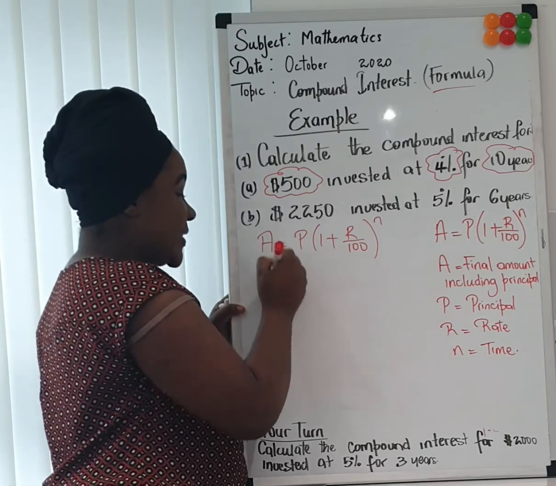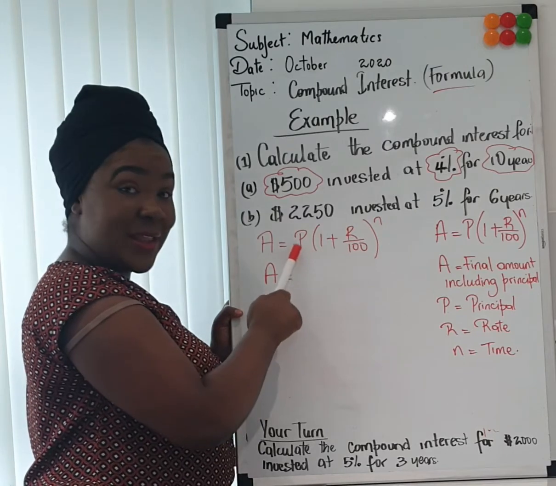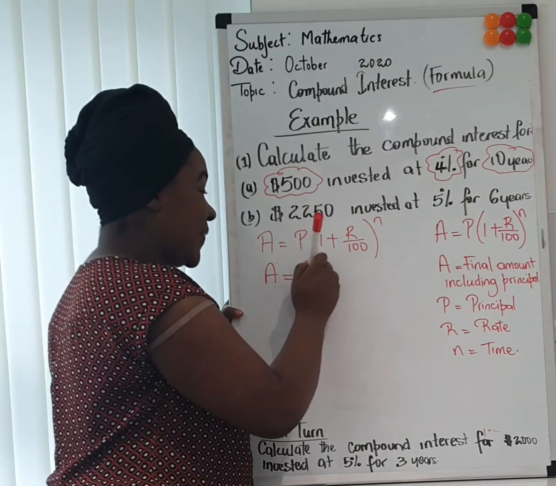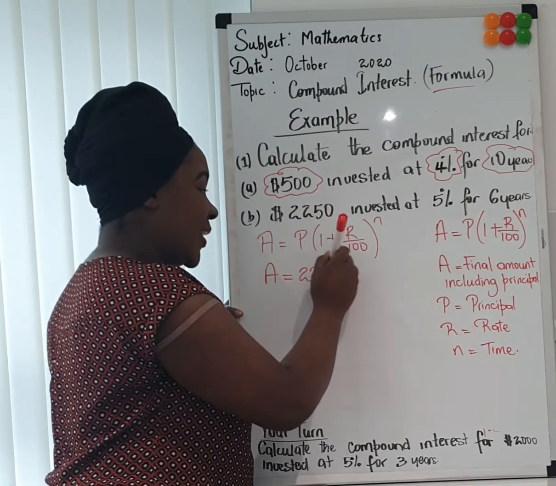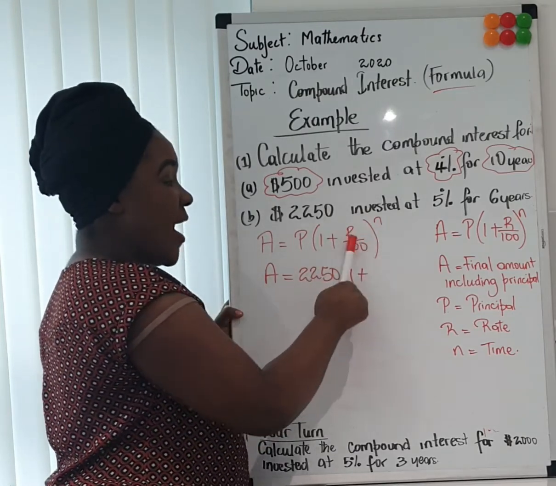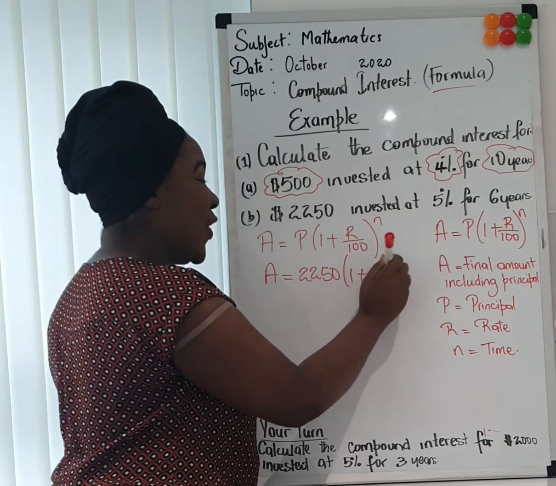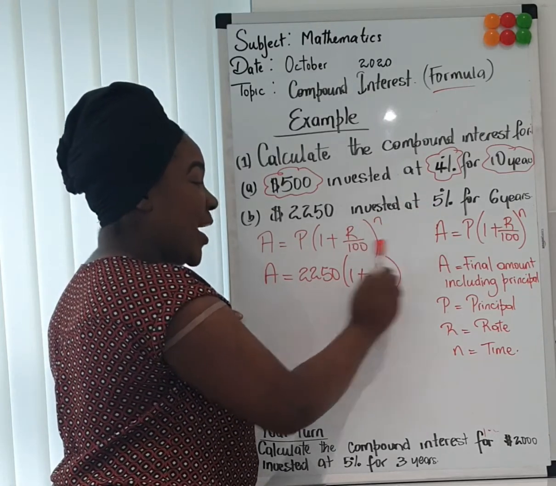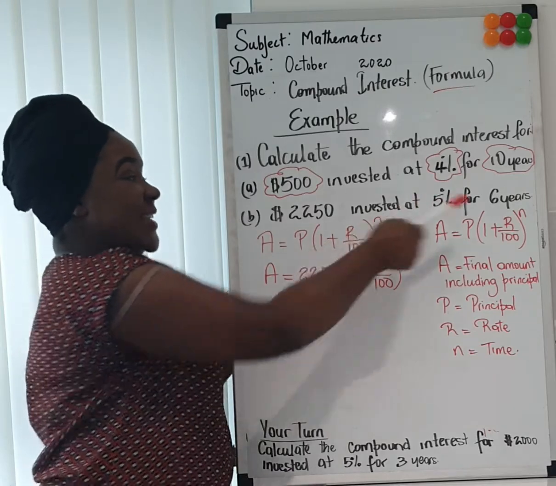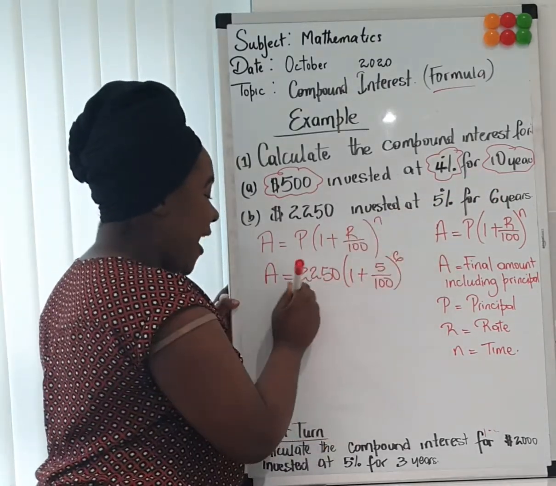So let's say A equals principal 2,250, open bracket, 1 plus R, the rate, so that's 5 over 100, close bracket, and n stands for the number of years, which is 6.